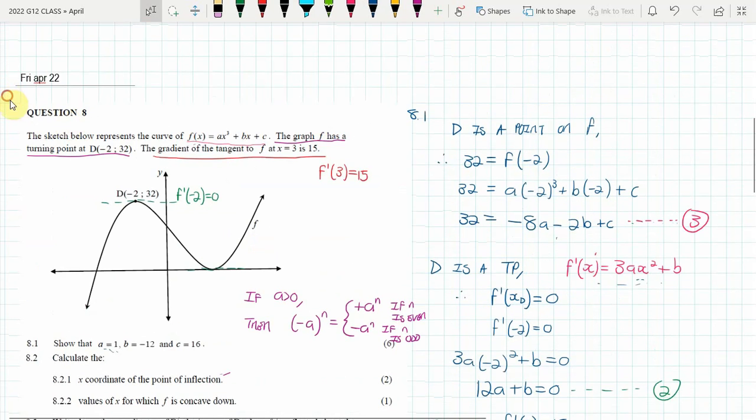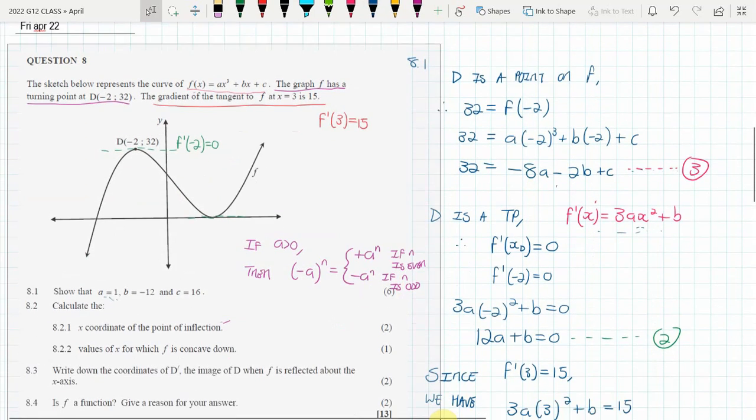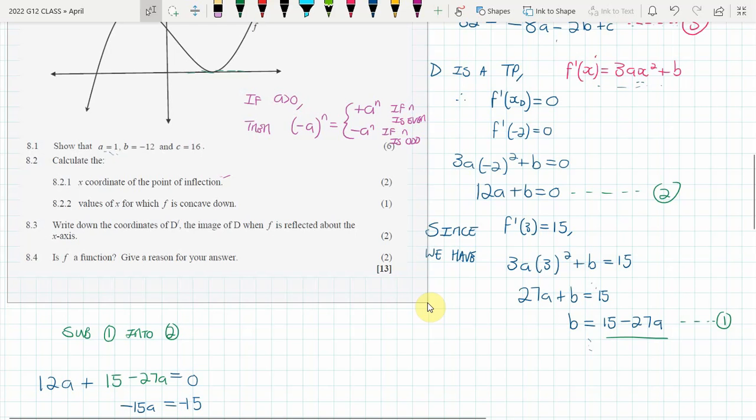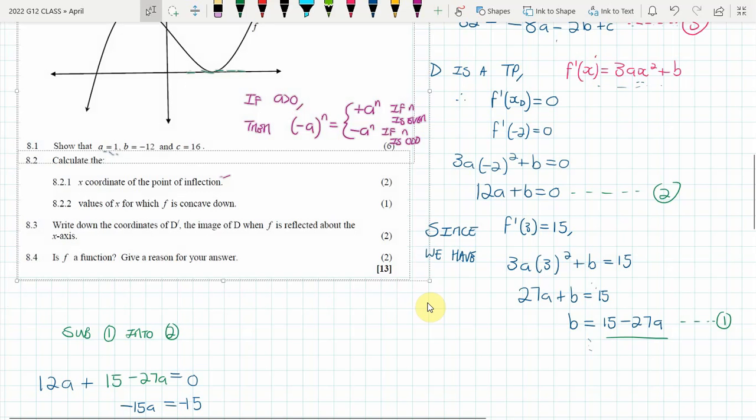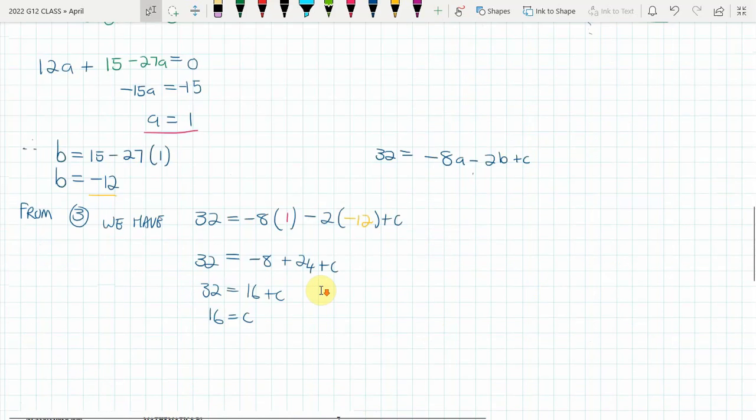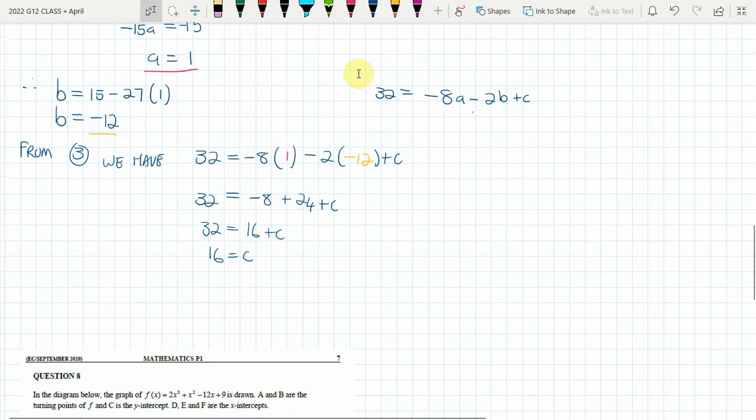In fact, I think we should leave it there.